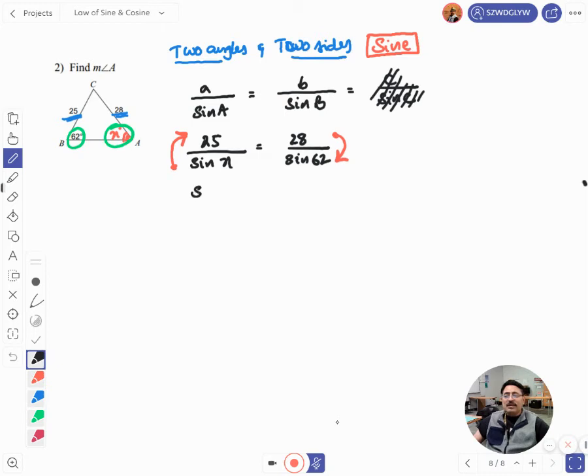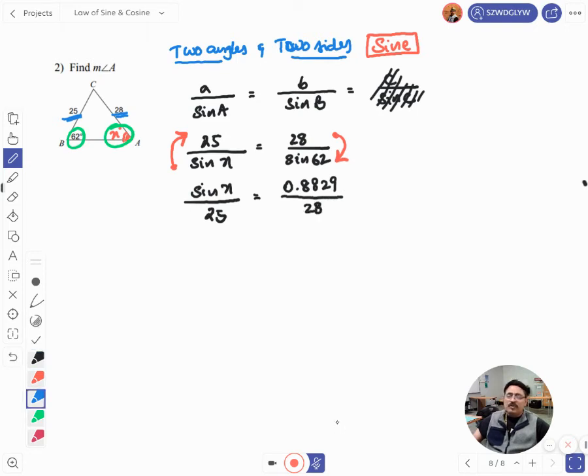If I switch, then sine x goes to the numerator over 25 equals sine 62. Of course, I have to take the value of sine 62 degrees, which is 0.8829. So I'm writing 0.8829 in the numerator, using my calculator, and 28 goes to the denominator.